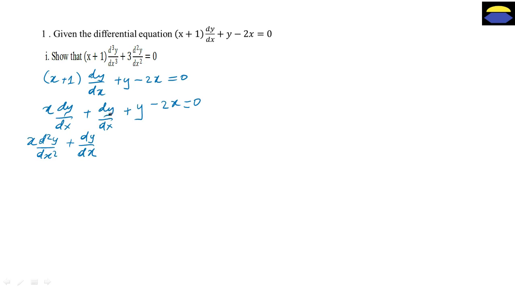And then we move on to this one, we differentiate, so we have d squared y over dx squared, and then we derive these ones, we have dy/dx, and then moving on to these, we have negative 2 is equal to 0. We can't stop here because we don't have the third derivative appearing yet, so we have to move on with the derivation.